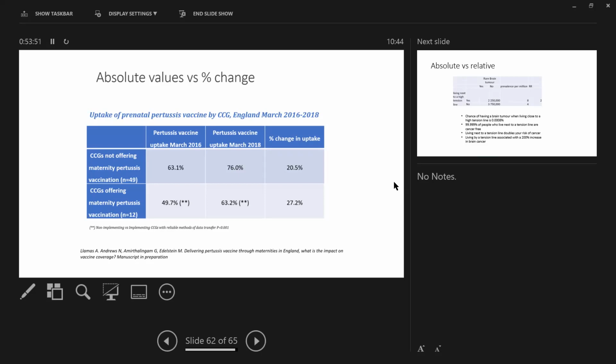You can see in the areas that are offering the vaccine, the proportion of change is much higher and statistically significant than in the area that isn't. Great intervention. But if you actually look at the values, you're starting from a much lower base, and you end up with a lower vaccine coverage than in the other one.